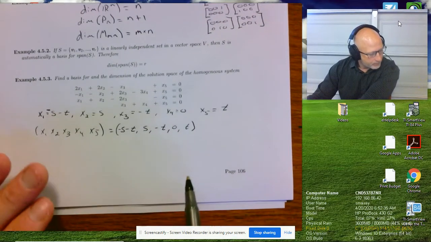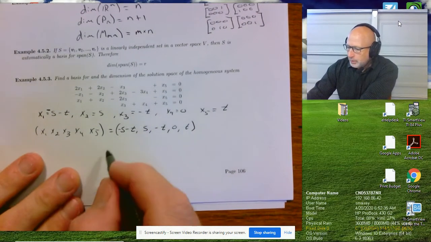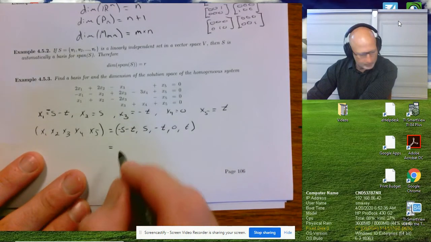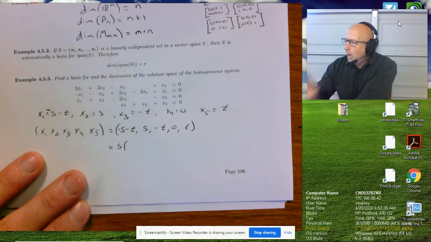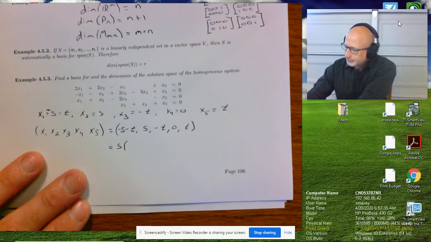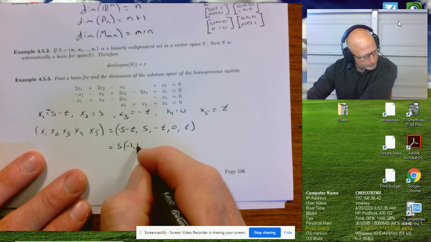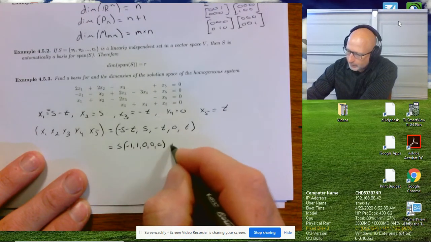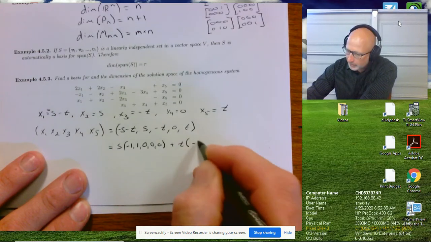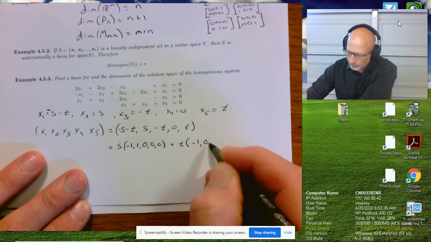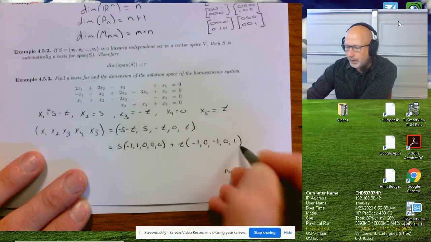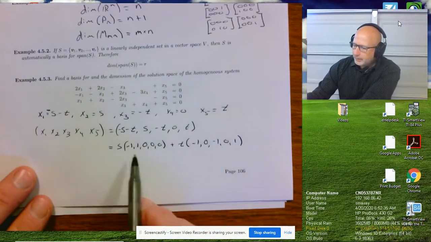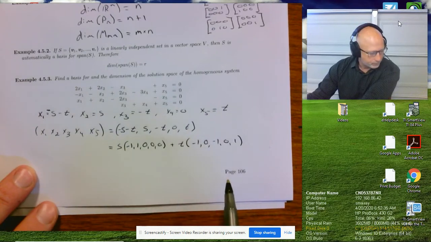So let's figure out what the dimension of this is going to be. Well, you can see I could rewrite this splitting it up in terms of the s and the t's. So if I have s times negative 1, 1, 0, 0, 0, and then plus t times negative 1, 0, negative 1, 0, 1. Okay, so what you can tell here is that these two vectors span the solution set.